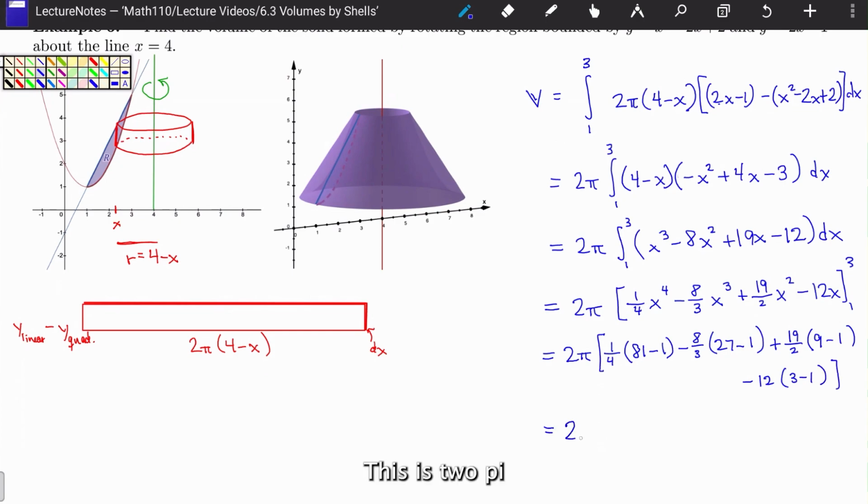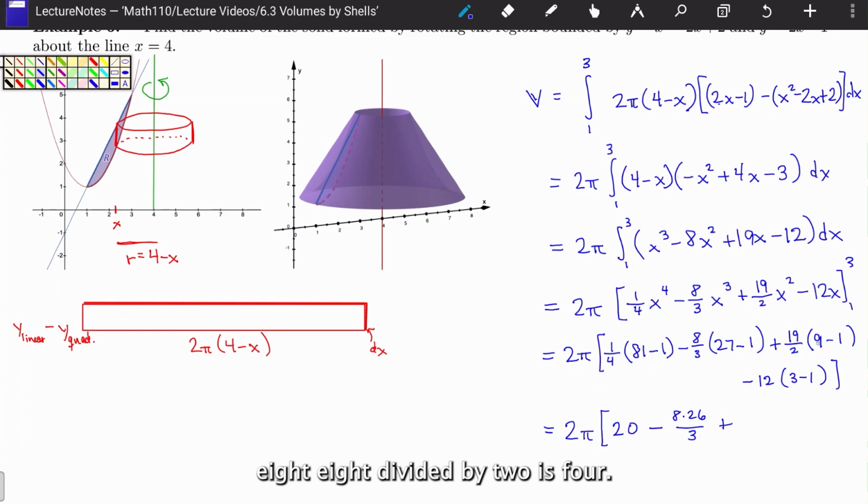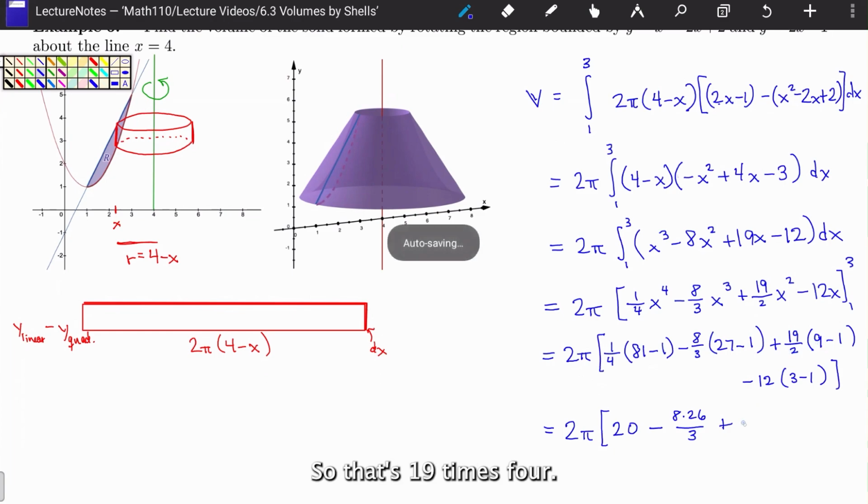This is 2 pi times, this is 80 divided by 4 is 20, minus whatever 8 times 26 is divided by 3, plus 19/2 times 8. 8 divided by 2 is 4, so that's 19 times 4. And then minus 12 times 2, which is 24. Minus 24.